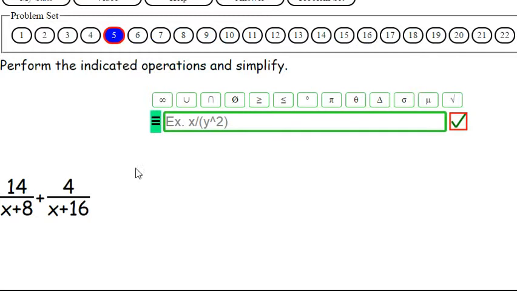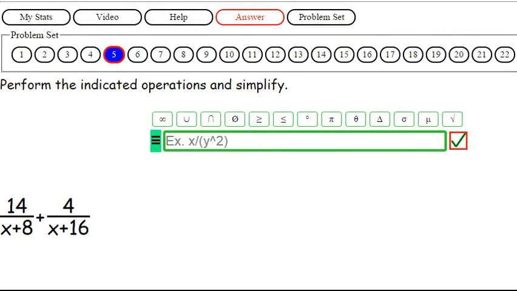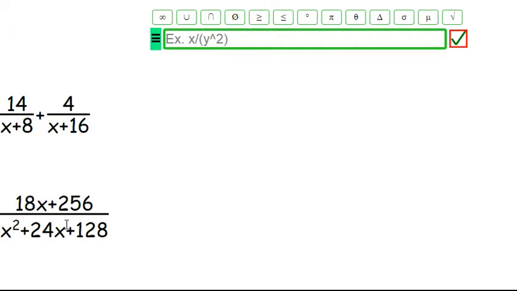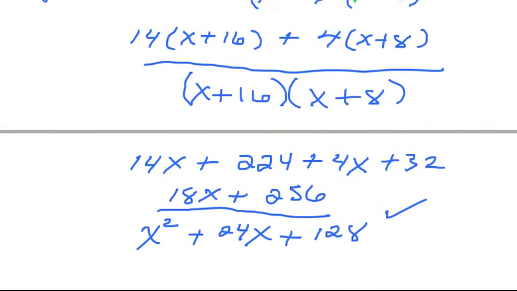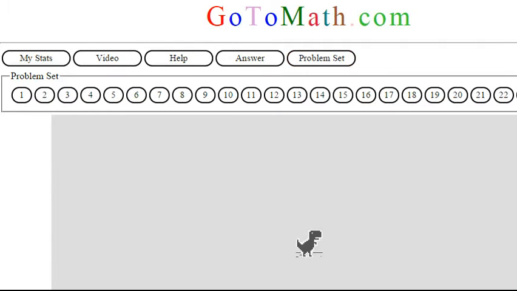Okay, so I'm not sure I go that far. We're going to find out. I think I do. Let's see. We got 18x plus 256. Yeah, I did multiply it out. x squared plus 24x plus 128. Make sure. Yeah, 24x plus 128. So there you go. And we're over here at GoToMath.com. Alright, see you in the next problem.